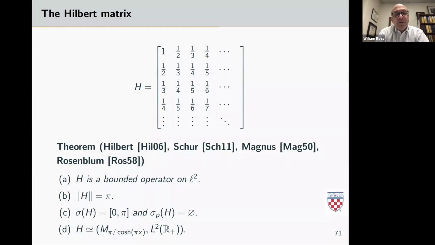If you just look at the graph of pi over cosh pi x, it starts at pi and it decreases asymptotically to 0. And if you combine everything we talked about with multiplication operators, things like the norm is the essential sup norm, the spectrum is the essential range, and all those other things, then D implies C and B and A.